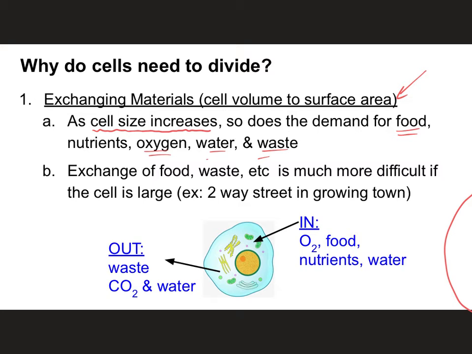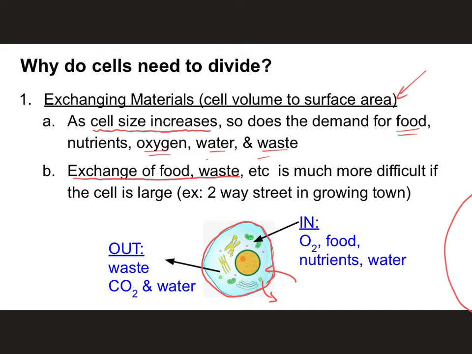The other reason you need to keep your cell small is the exchange of food and waste. When you are a smaller organism or a smaller celled organism, it is easier to do diffusion and osmosis. Things get in and out.